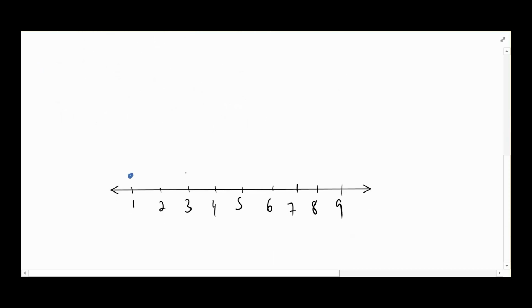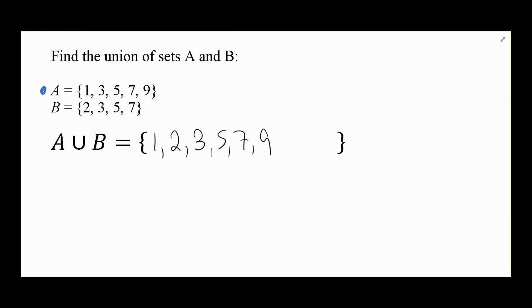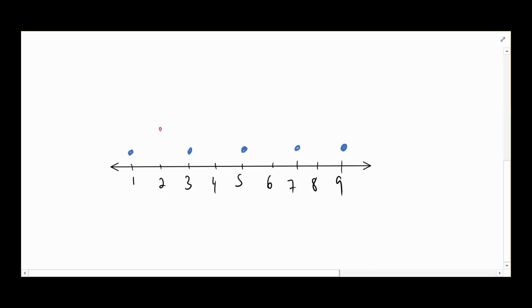So that was 1, 3, 5, 7, and 9. B, which we're going to use red for, was 2, 3, 5, 7. It was our prime digits.